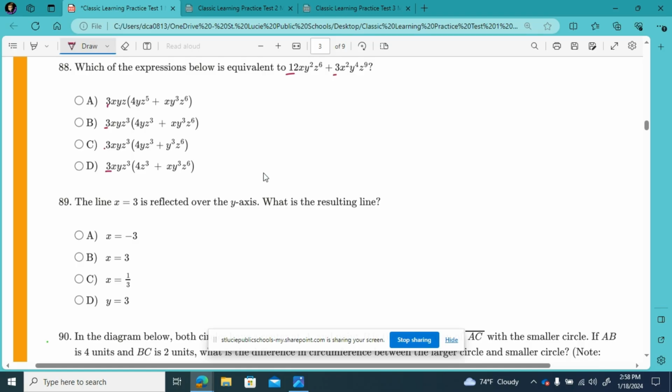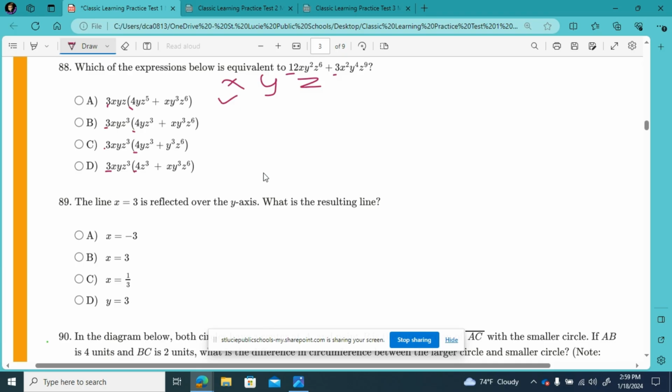What I need to focus on then are my x, y, and z variables inside of the polynomial here. So the first one, if I multiply x times no x, I get this 1x. And x times x, I get this x squared. My x's are good on A.